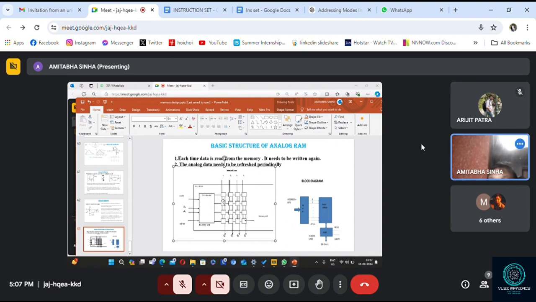So compartmentalizations like 'I know only digital' or 'I know only analog' don't help. Today's technology requires mixed signals, both analog and digital. So this is the memory design.